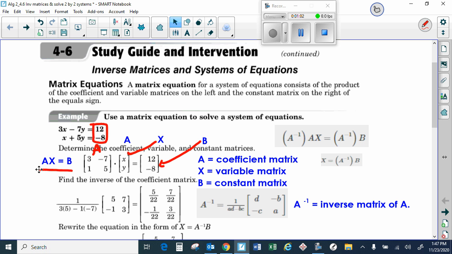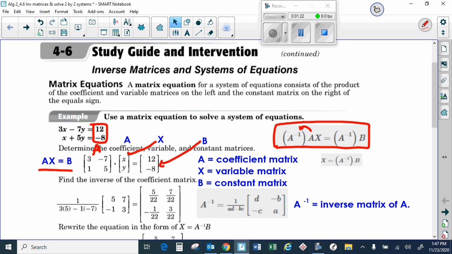So how do you solve that with matrices? In order to get rid of this A, I need to multiply by the inverse of A, the inverse matrix of A. What I do on one side, I have to do on the other side. And with matrices, it matters what side you put it on.